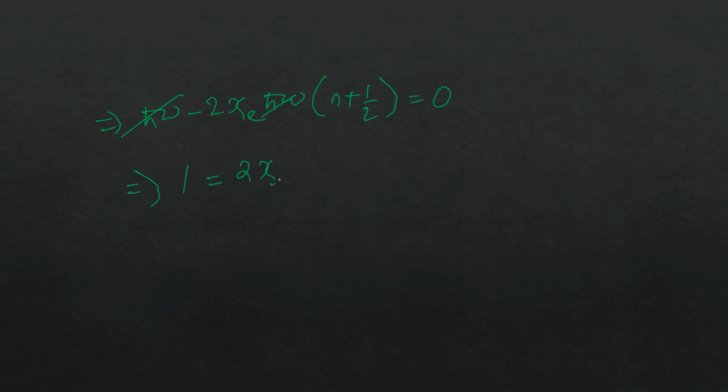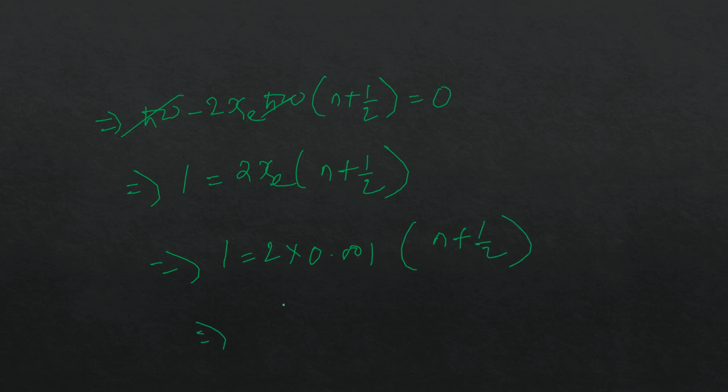So that means ħω is cancelled. 1 is equal to 2χ (n plus half). 1 is equal to 2 into χ value, which is given as 0.001, into (n plus half). This is how much? 0.5 divided by 0.001 is equal to n plus half.